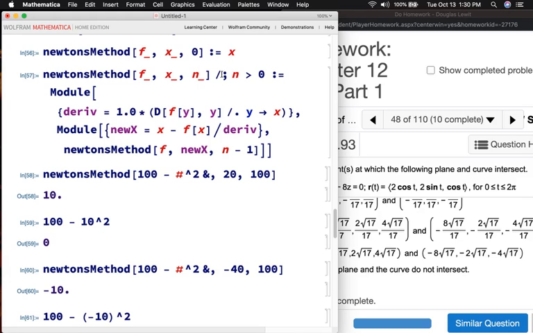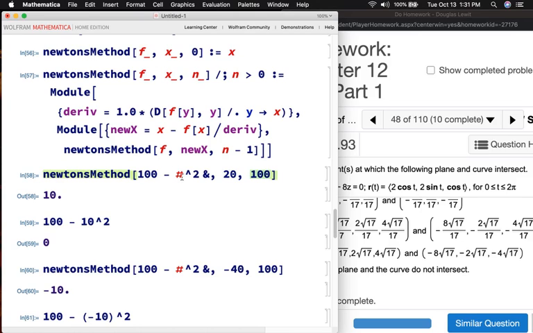Newton's method is not perfect, but it's pretty useful, and it converges pretty quickly. For 100 repetitions, you should definitely find one of the roots of the equation. But remember, you have to start out with an initial guess. This is my guess, and this is the number of times I apply the algorithm.